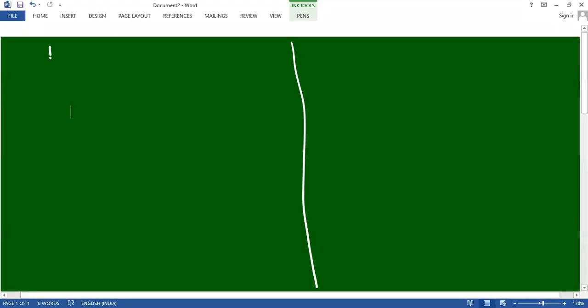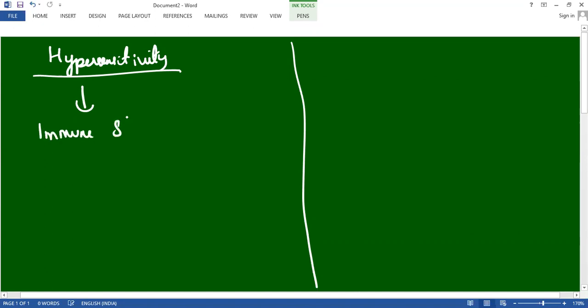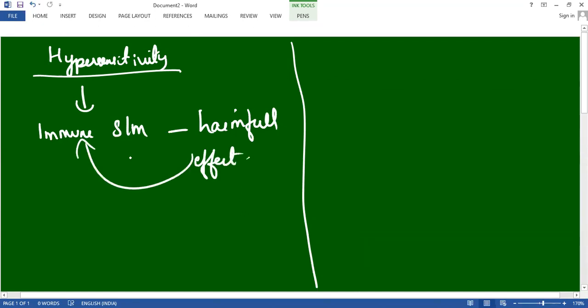The next concept is hypersensitivity. Hypersensitivity is a condition that causes harm from the immune system.